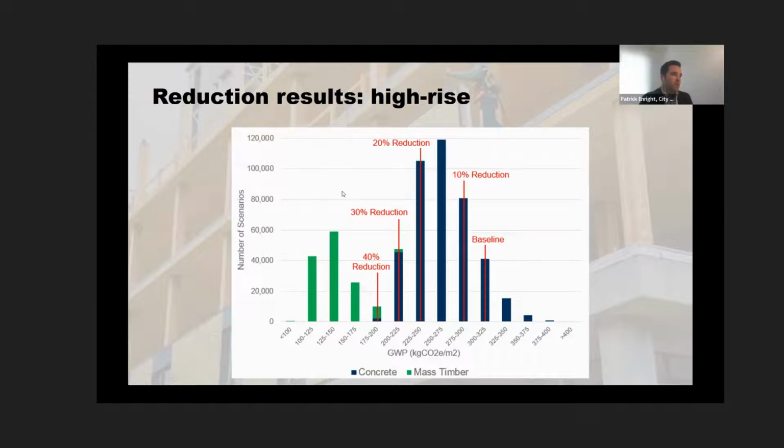The thing I wanted to highlight here is that, given that we're proposing 10% as a minimum requirement for buildings over 7 stories, there are still many options in this study to reduce embodied carbon at or beyond that 10%, even before getting into mass timber and other structural materials.